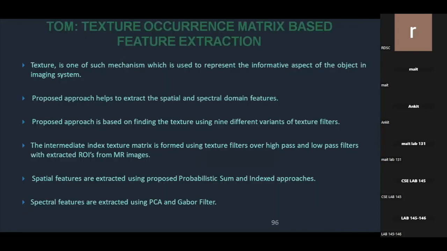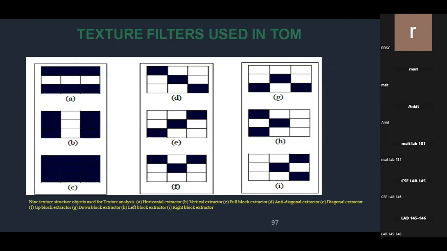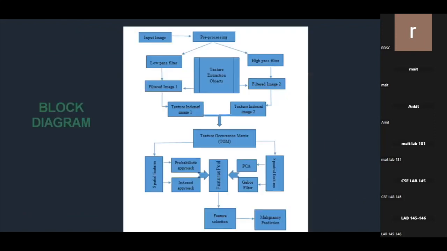The next feature extraction algorithm which we did is TOM, texture occurrence matrix, in the texture domain. So how can we extract the textures? We have designed 9 filters to extract textures from any input image. This is the complete block diagram of the proposed approach.